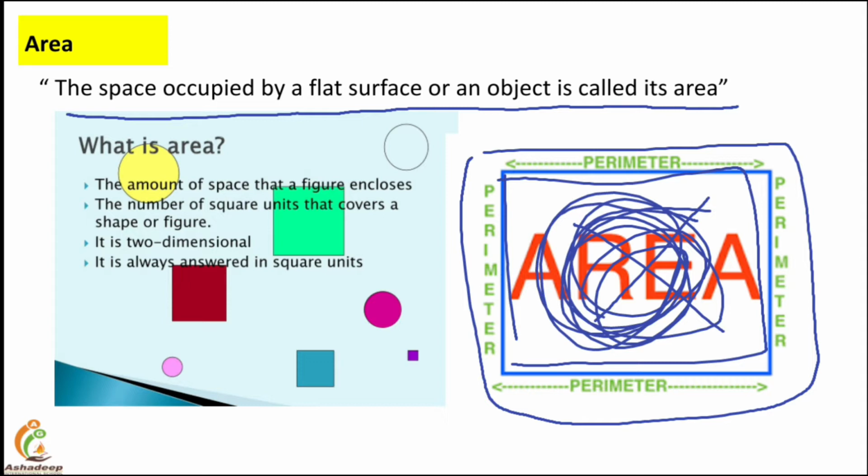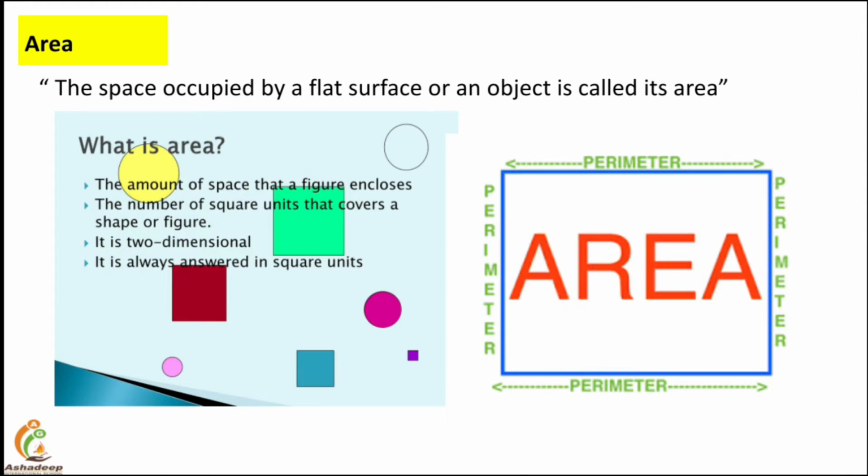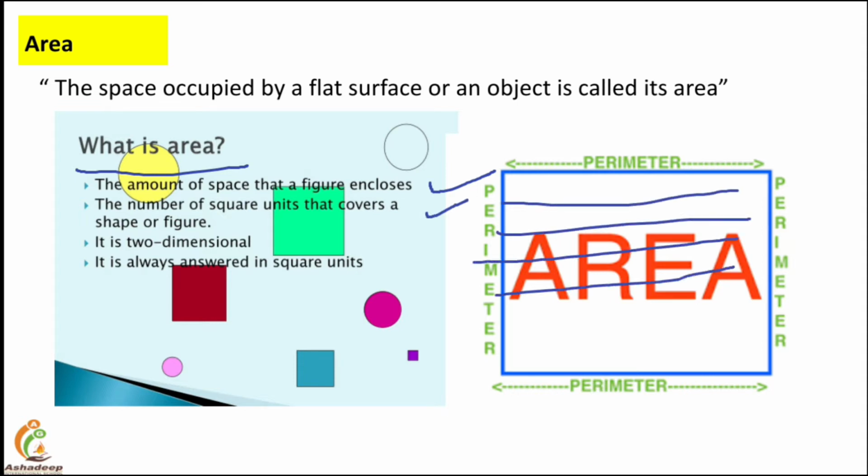Okay students, we'll go ahead. What is area? The amount of space that a figure encloses is called area. It is the number of square units that cover a shape or a figure. For example, suppose we draw a square grid. The number of 1 centimeter squares that cover the figure becomes the area of the given figure.